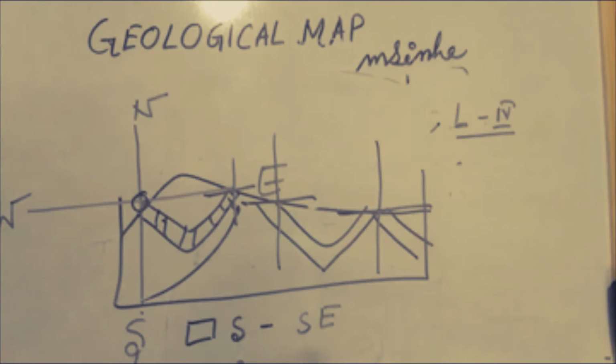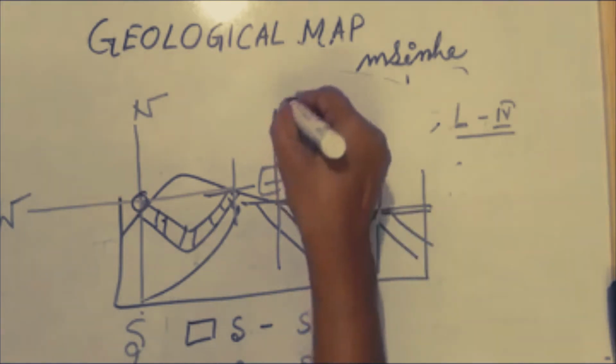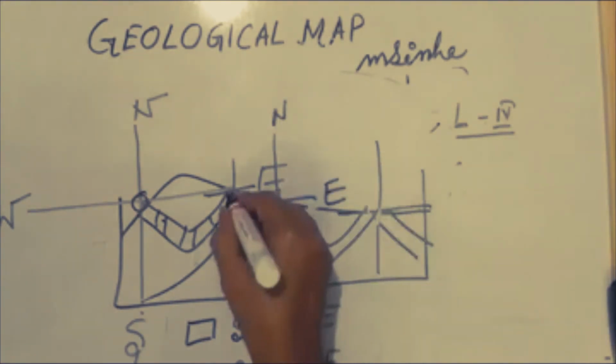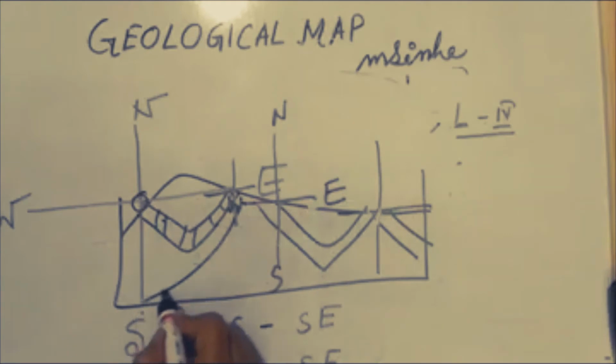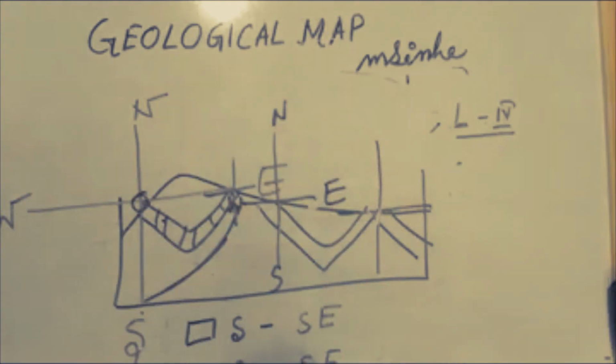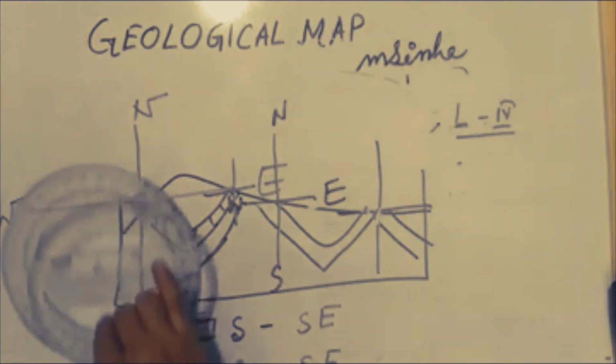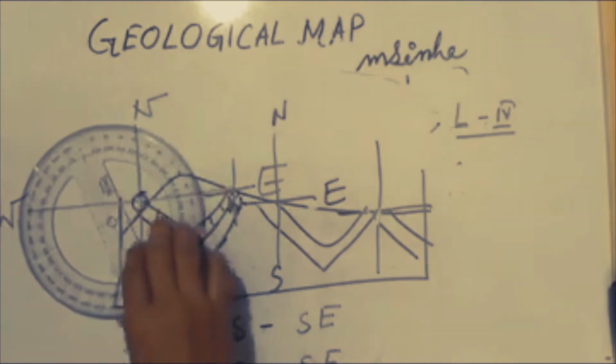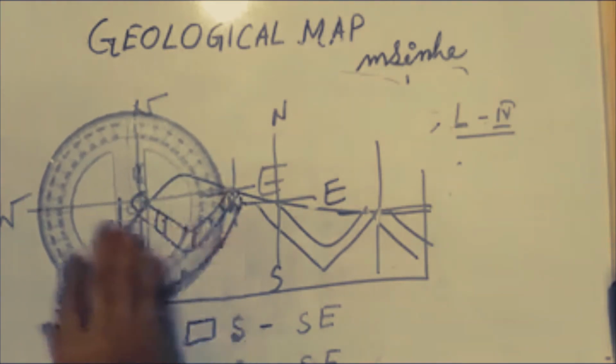This is north, this is south, this is east and west. This bed moves from south. Think about that part. This is the angle, and if you want to measure the amount, you can identify the direction.